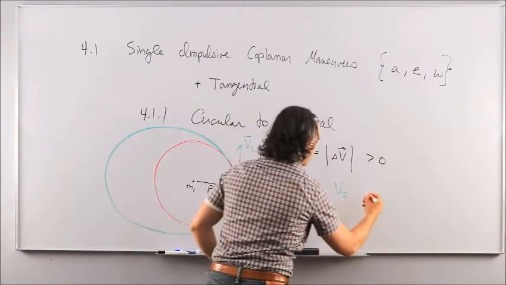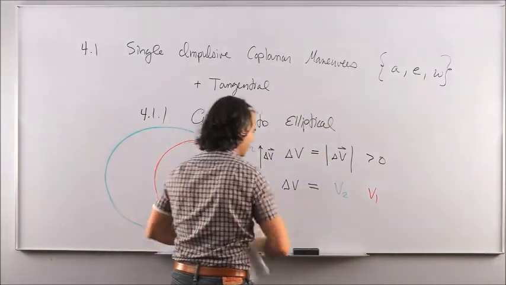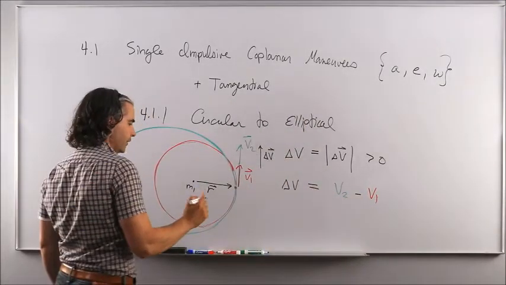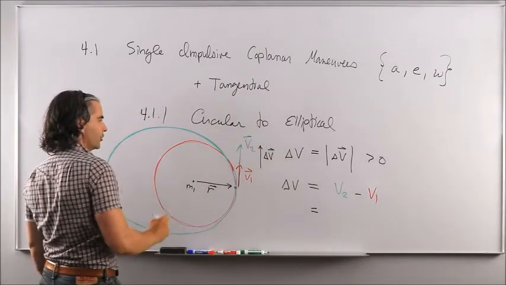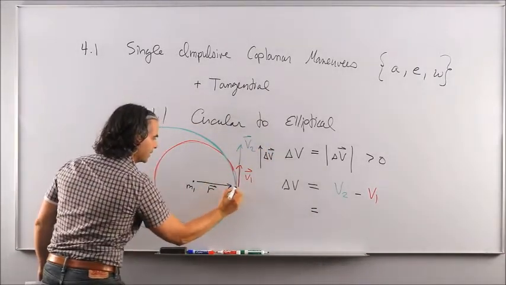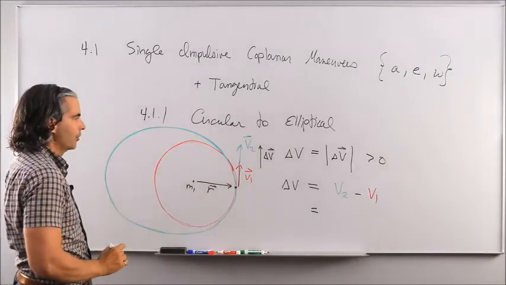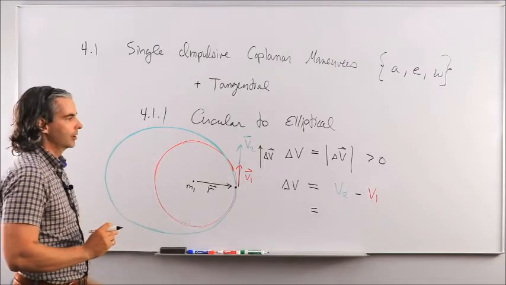minus speed 1. Now, how can we figure out the speed number 2, or the speed that the spacecraft has at this exact position, but along the green orbit, which is the higher energy orbit, the large elliptical orbit?